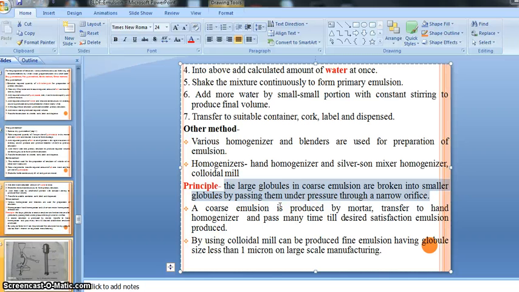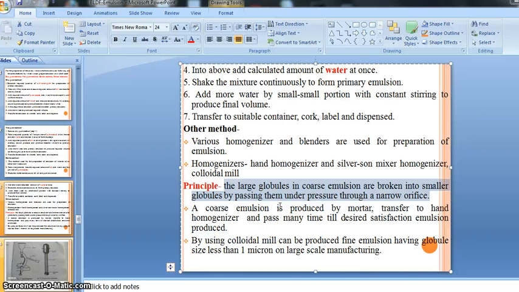Suppose we prepared a coarse emulsion accidentally or because of some incident, but the coarse emulsion we can also convert into a fine emulsion, right? So we can convert the coarse emulsion into a fine emulsion with the help of a homogenizer, and also prepare the emulsion.